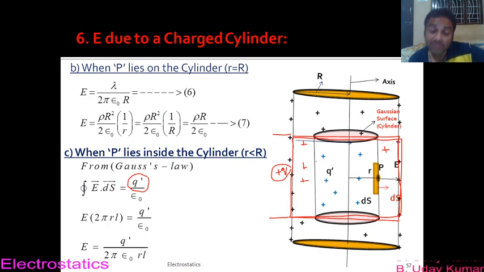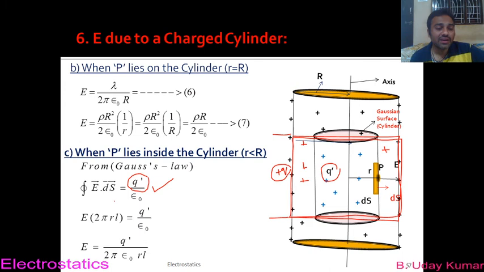But now since it is inside, it will be filled by a charge which is less than q only, and I have taken that charge as q dash. So let us assume the total charge inside this Gaussian cylinder is q dash, and by Gauss theorem the total electric flux is 1 by epsilon 0 times the charge enclosed, which is q dash.